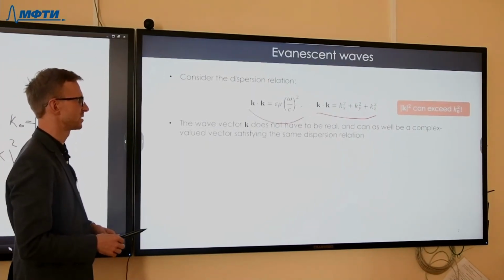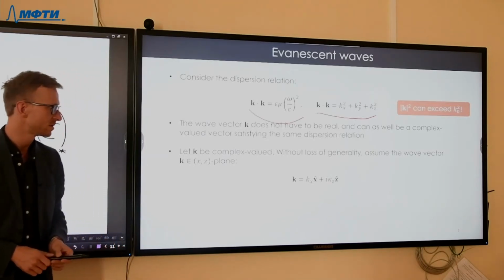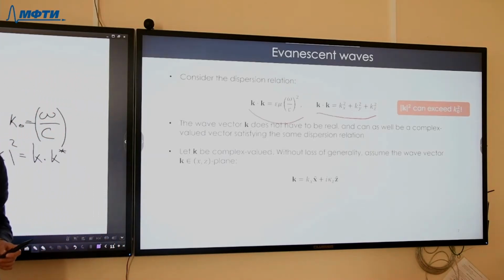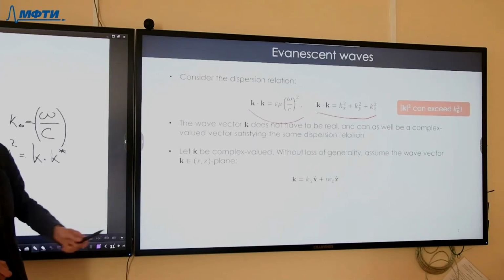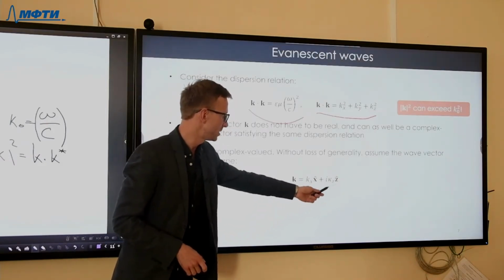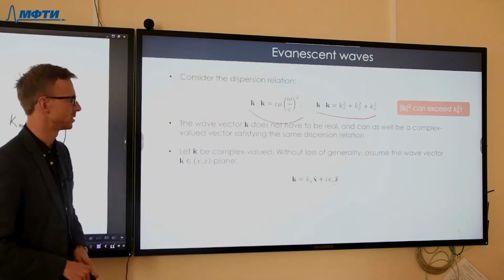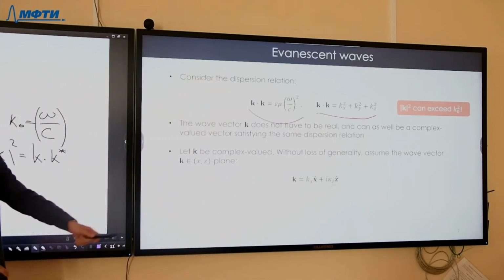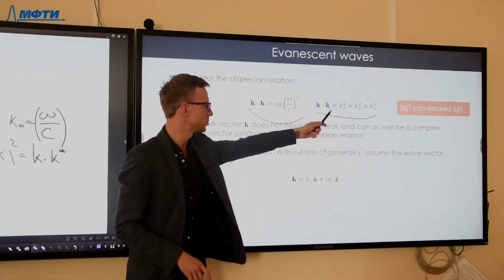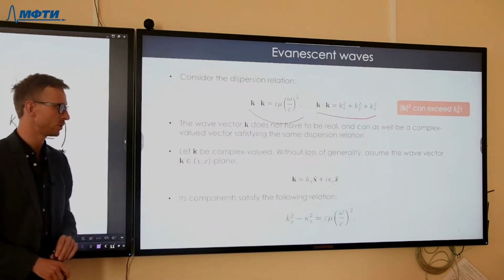And let's consider a wave vector that has two non-zero elements, the x element and the z element. And let's say that kx is real and this guy, kappa z, is also real, so that the entire z element of the wave vector becomes imaginary. We can plug this into the dispersion relation and we will obtain the following dispersion relation.